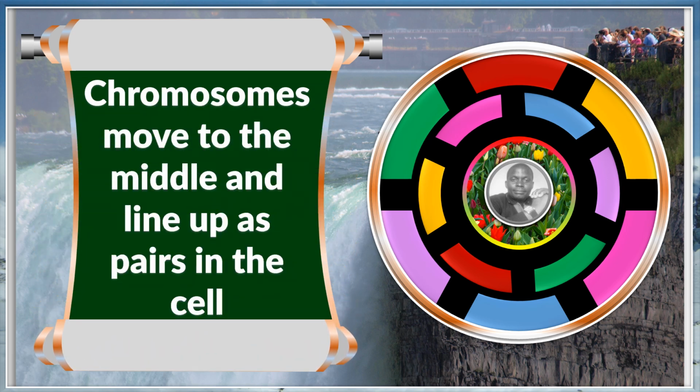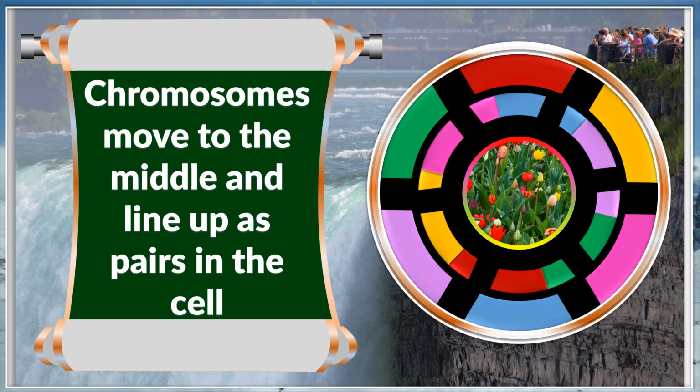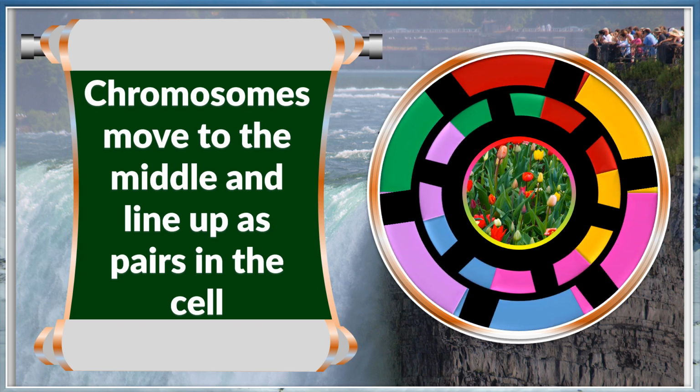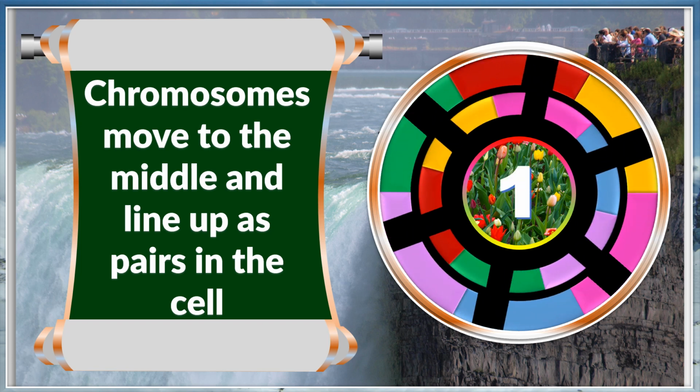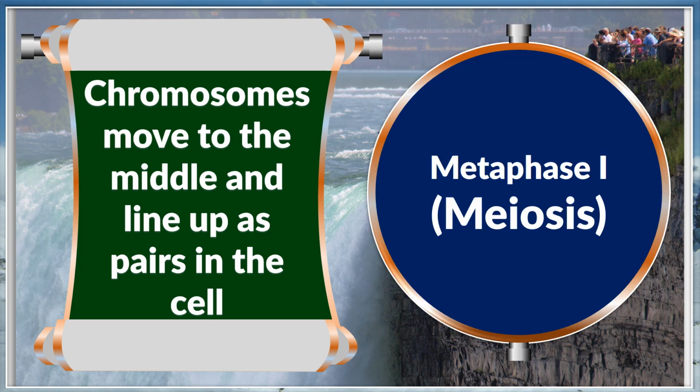Chromosomes move to the middle and line up as pairs in the cell. Metaphase I in meiosis.